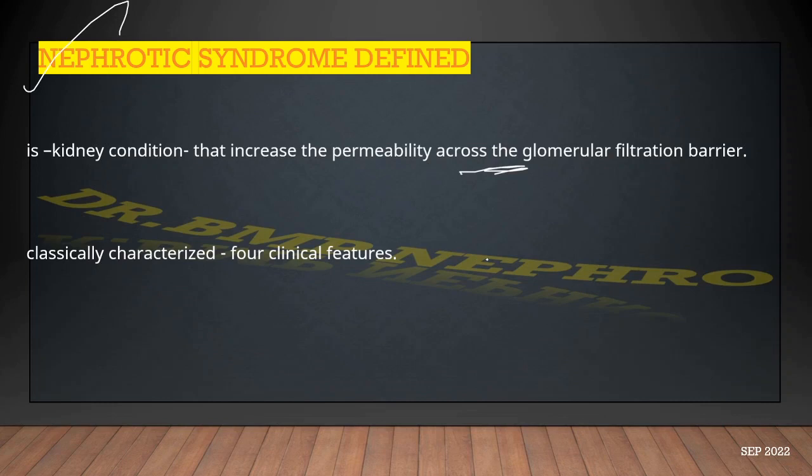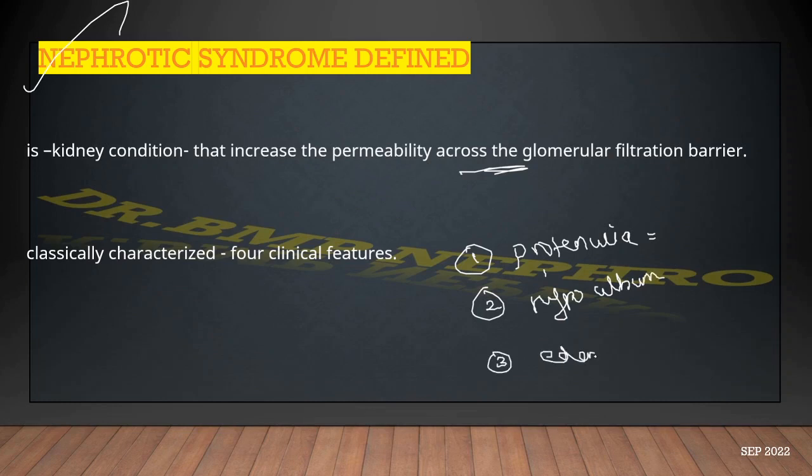And it is characterized by proteinuria, usually in the nephrotic range, which results in hypoalbuminemia. Because of these two, there is edema and hyperlipidemia. So nephrotic syndrome is characterized by nephrotic range proteinuria, hypoalbuminemia, edema, and hyperlipidemia.